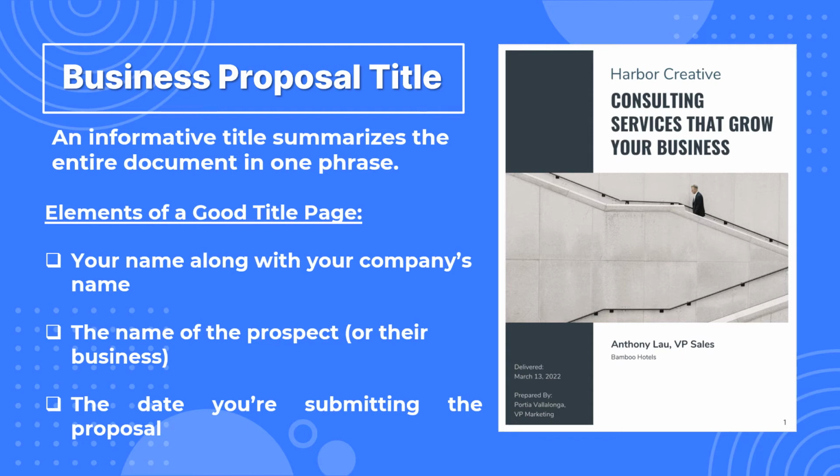Some elements of a good title page include your name along with your company's name, the name of the prospect or their business, and the date you're submitting the proposal. Good titles are short yet specific enough to include the result they want, in words anyone can understand. It is best to keep titles under 10 words.